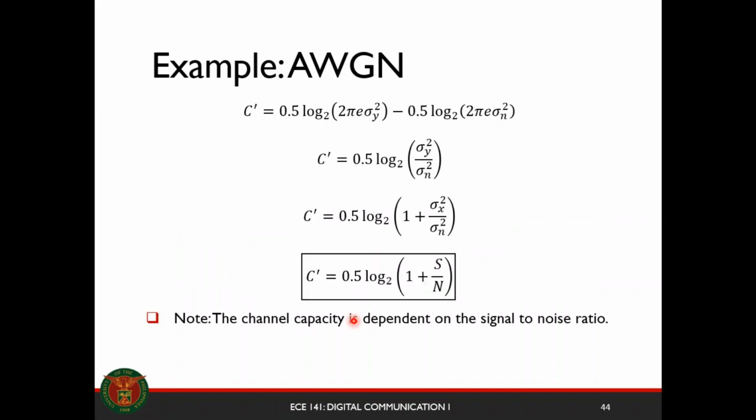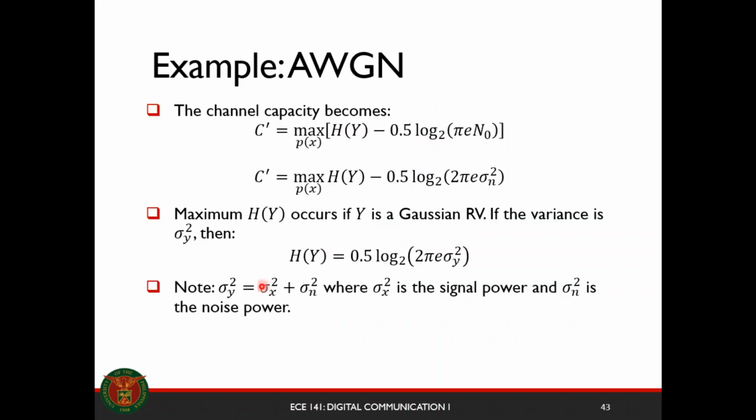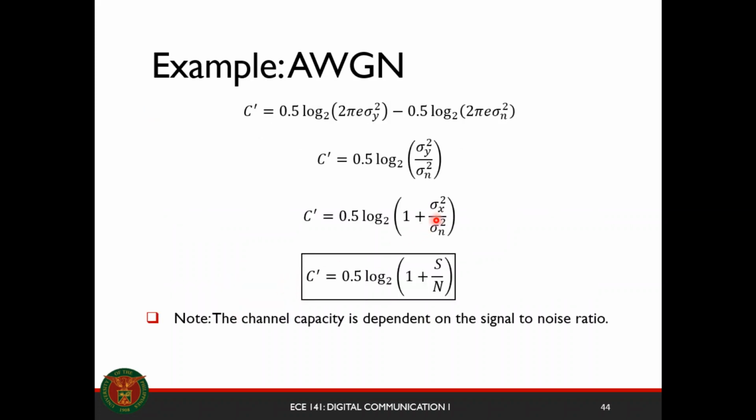Substituting that into the original equation, and substituting sigma Y with this expression, your channel capacity C is basically 0.5 logarithm of 1 plus your signal power divided by your noise power. This is the channel capacity of a noisy channel.